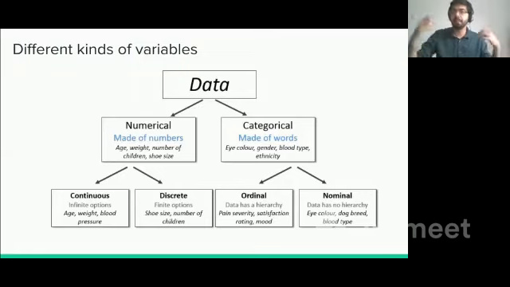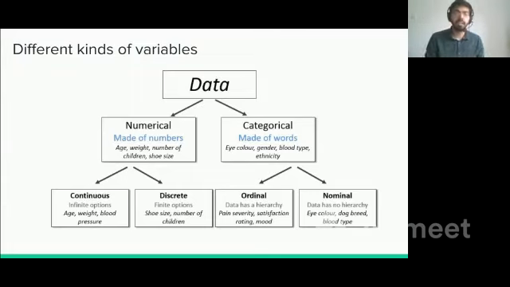All these are basically numbers that are stored. And then you have categories, right? Categories of, say, eye color, your gender, your blood type, ethnicity, the kind of grades that you're getting. So all these are different categories. So these are two high level kinds of data that you see, and there are further subdivisions within each of these.